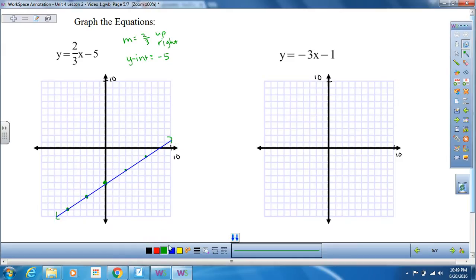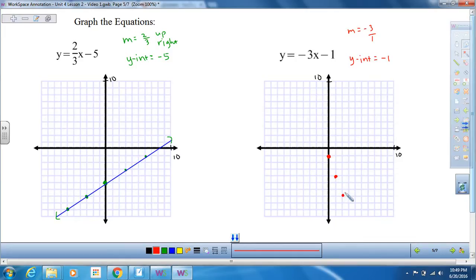Okay, next one. So my slope is -3, and if it's a whole number, I want to put it over 1. And my y-intercept is -1. So start at -1 on the y. And this time my slope is -3, so I have to go down 3 and right 1.